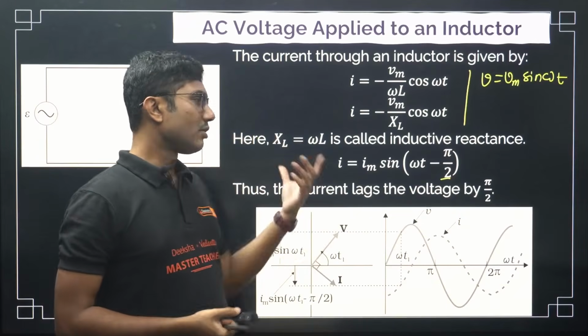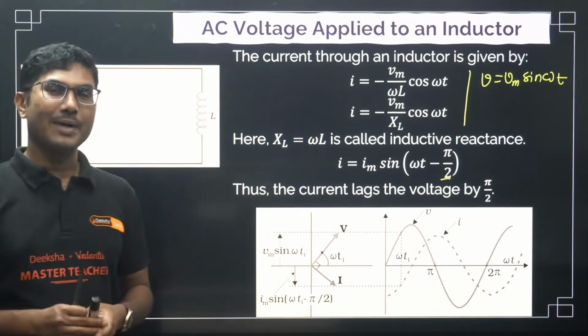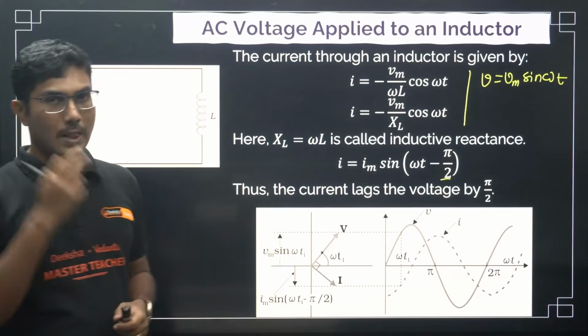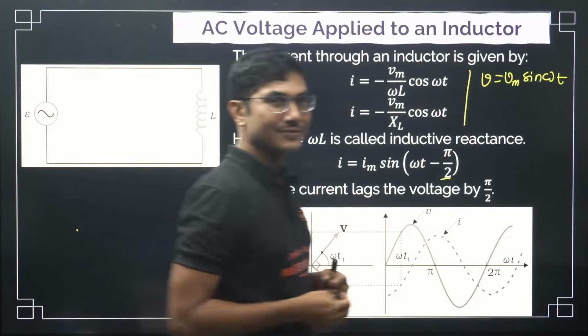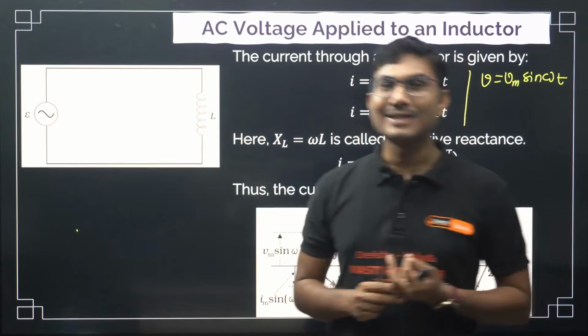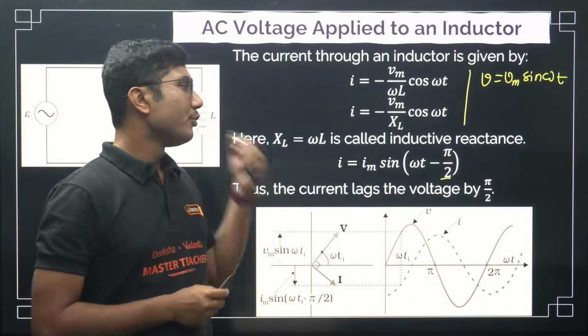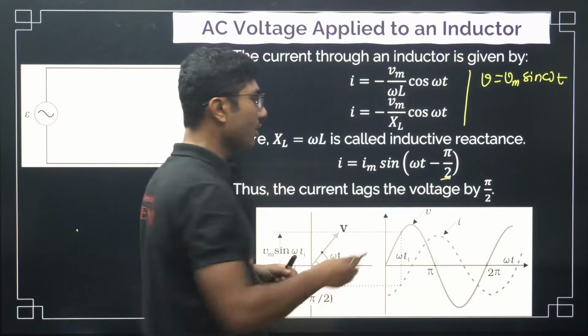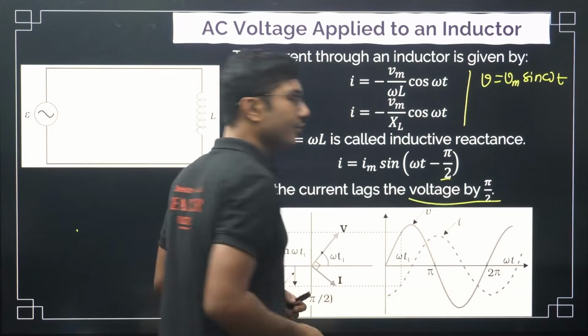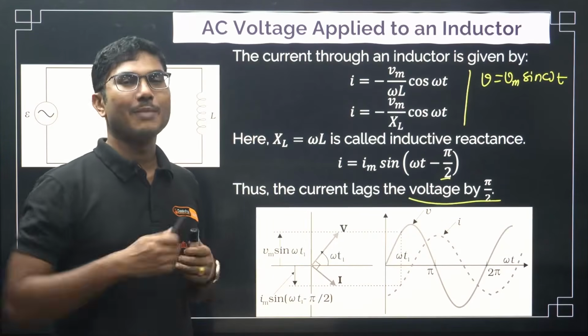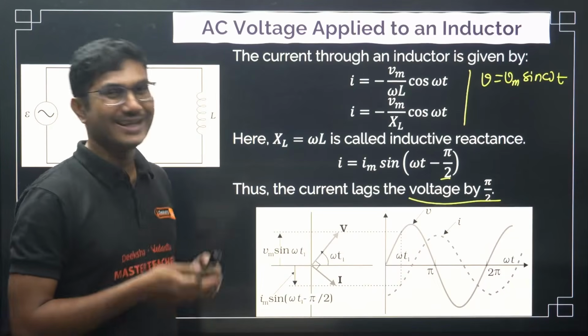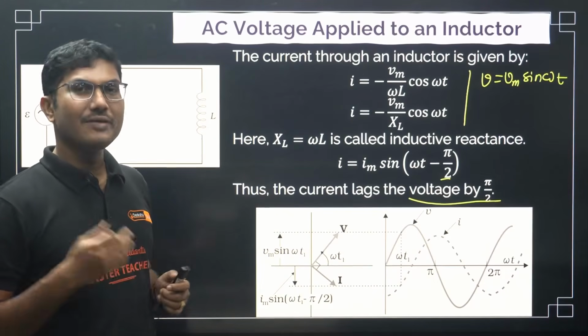That's why it is called current lagging by an angle of pi by 2. So in a pure inductive circuit, current lags by an angle of pi by 2, which is very important to remember for MCQ and fill in the blanks questions.